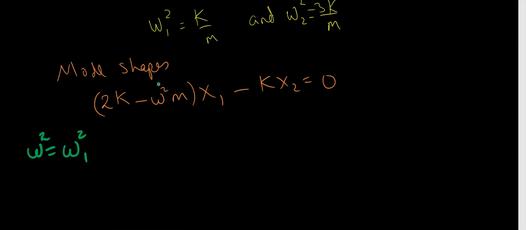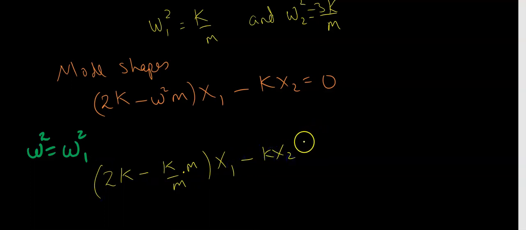What does that expression look like? Well, that expression looks like 2k minus omega 1 squared, which is just k on m, multiplied by m, x1 minus k x2 is equal to 0.